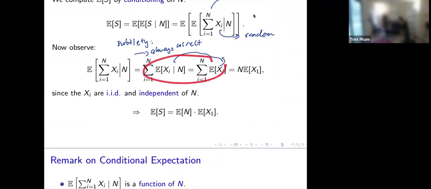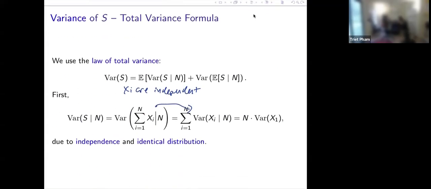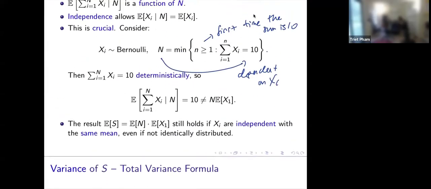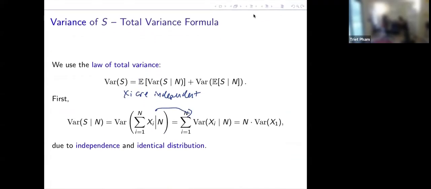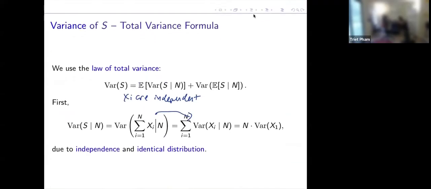Now I am emphasizing this one. Notice that you can always interchange expectation and a sum, no problem, because conditional expectation is linear. But here we're dealing with conditional variance.